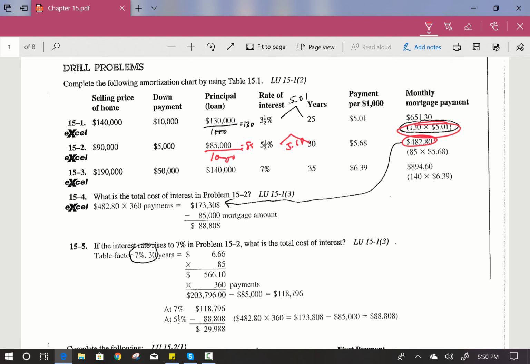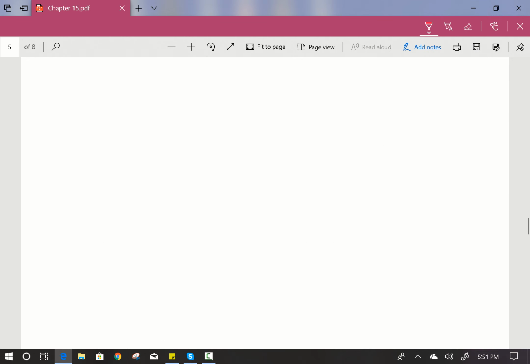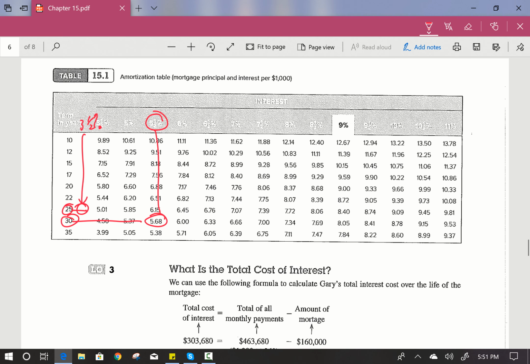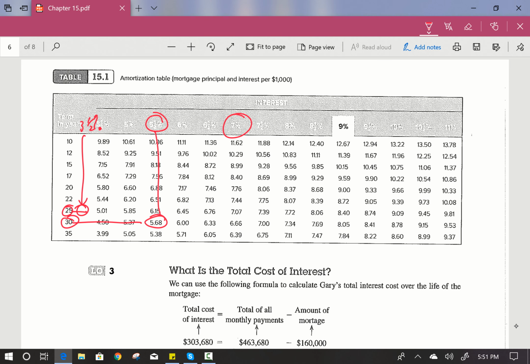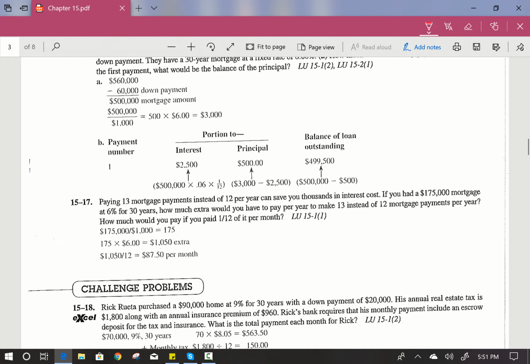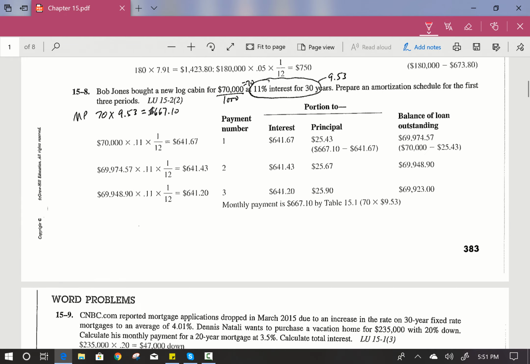Okay, number 3, $190,000 less $50,000 down payment. So the amount of financing of this loan, the principal, is $140,000. Divide by 1,000 for the table, and then find the corresponding factor of 7% and 35 years, which is 6.39.